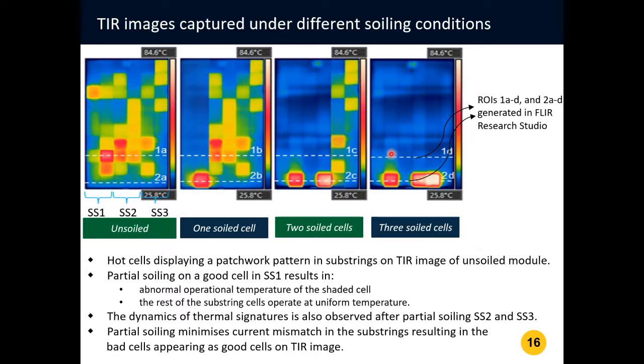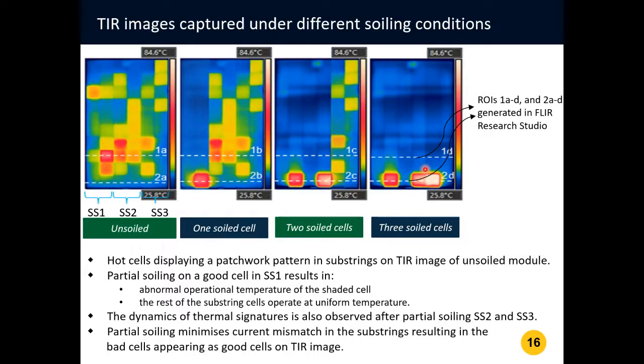And these regions of interest were created and analyzed in FLIR Research Studio. And the next slide shows how the operational temperature fluctuates when soiling was applied on the cells.